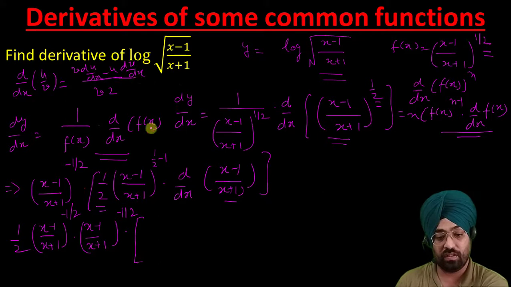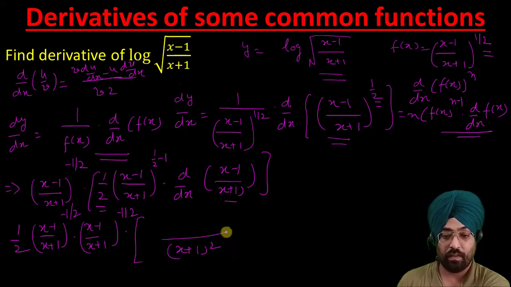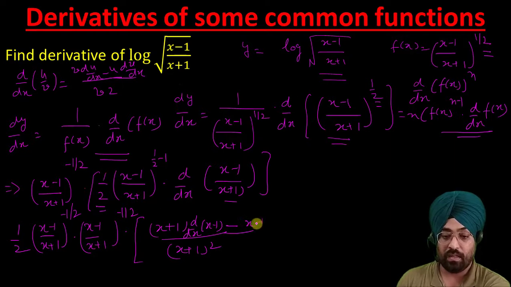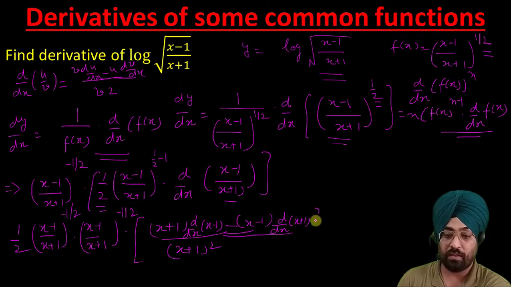Now our v is x plus 1, so it is (x plus 1) whole square in the denominator, x plus 1 as it is times dy by dx of x minus 1, minus x minus 1 as it is times dy by dx of x plus 1.